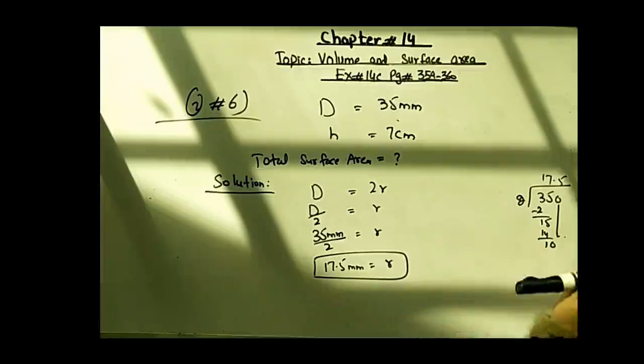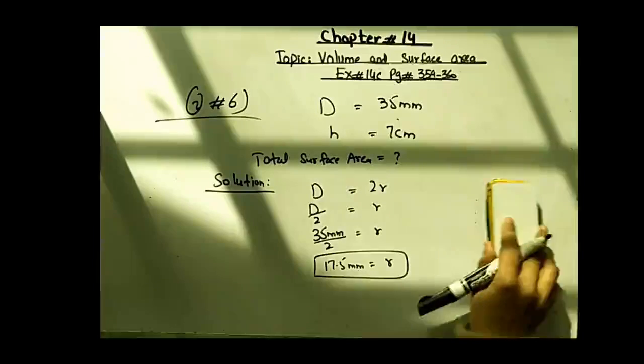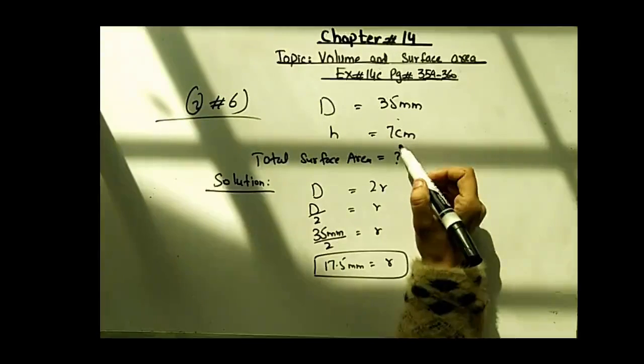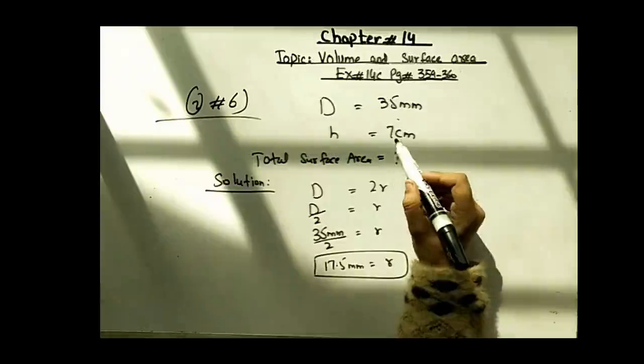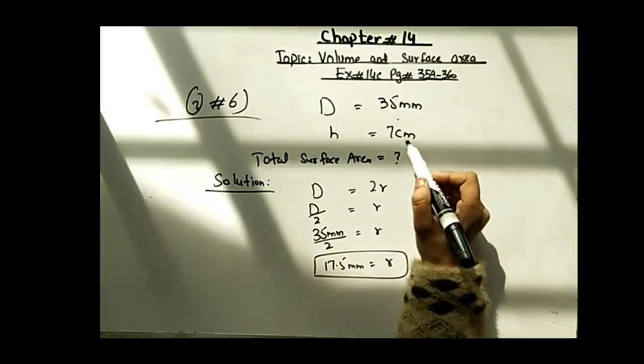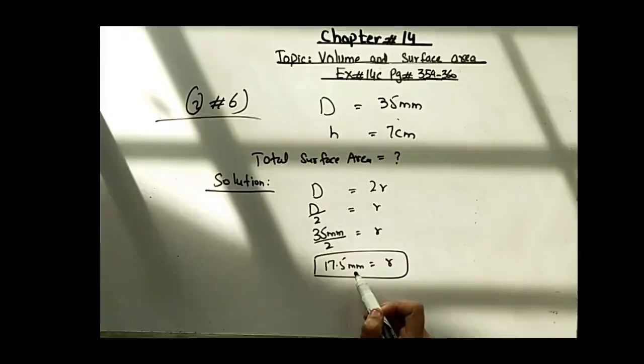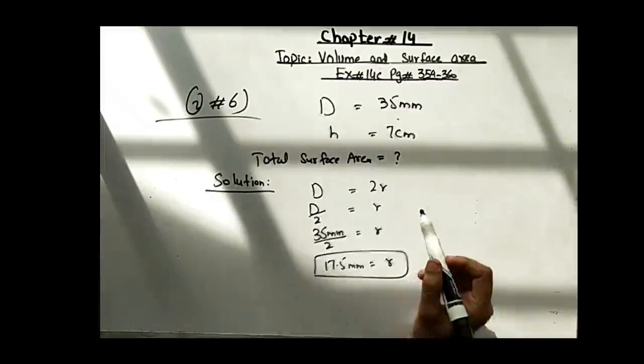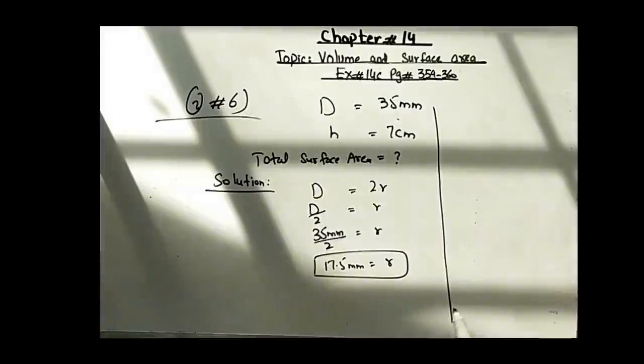Fine. Now the unit of r is millimeter, and the unit of h is given in centimeter. So millimeter will be converted into centimeter because they are asking for the total surface area in centimeter square.